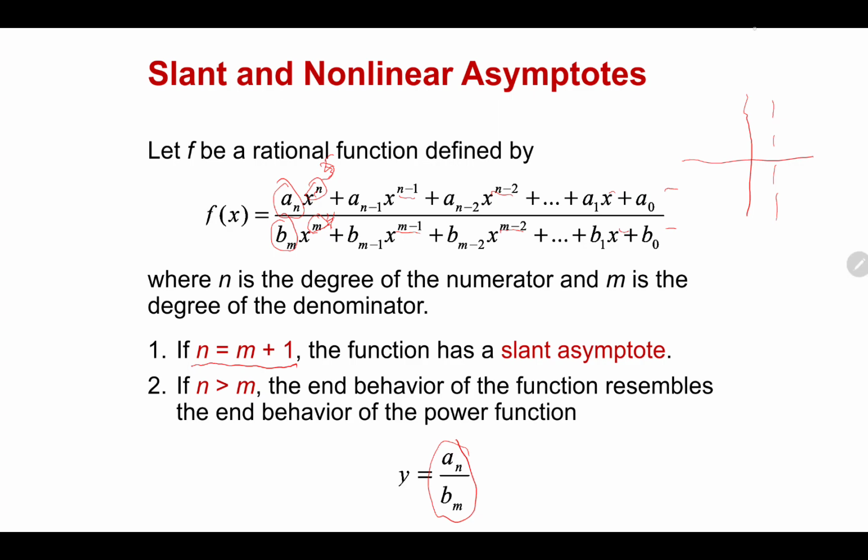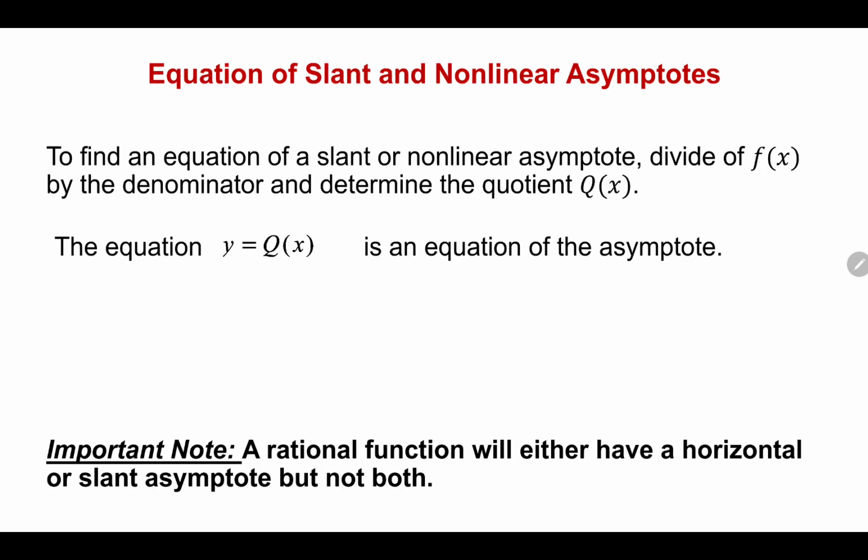If we have a horizontal, it's going this way, and we can't cross that either. But what happens if it's a slant?